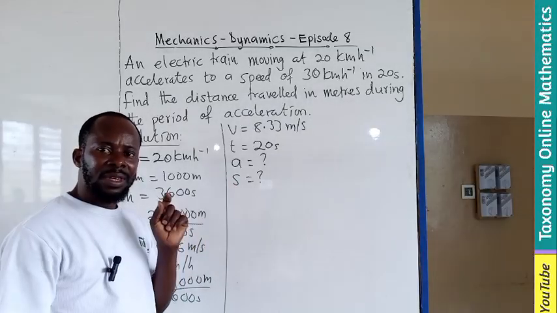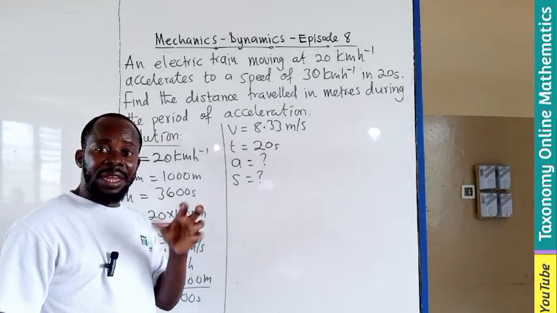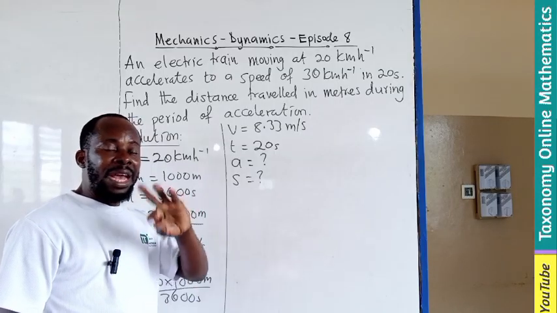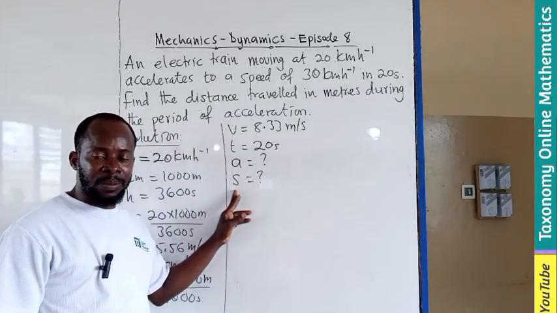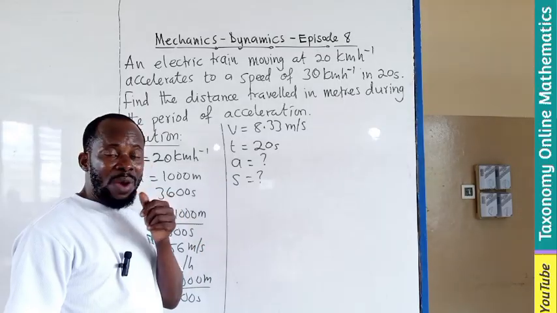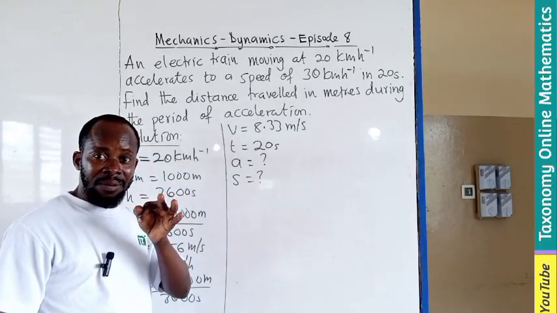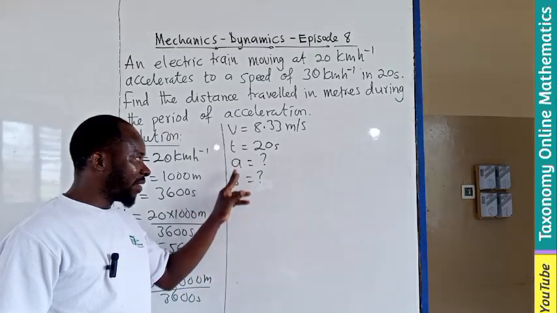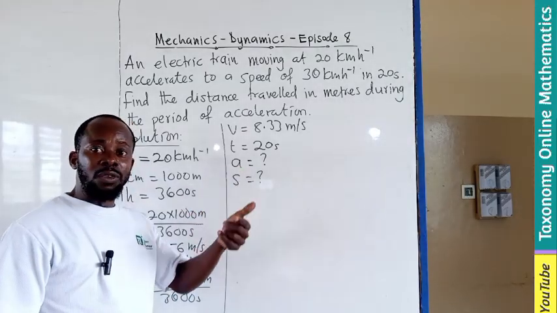To find this, if you check all the three equations of motion, the first one has only acceleration with no distance, so we can't use it. The second one has acceleration and distance in it, so to find this, I need to know this. The third also has the same.